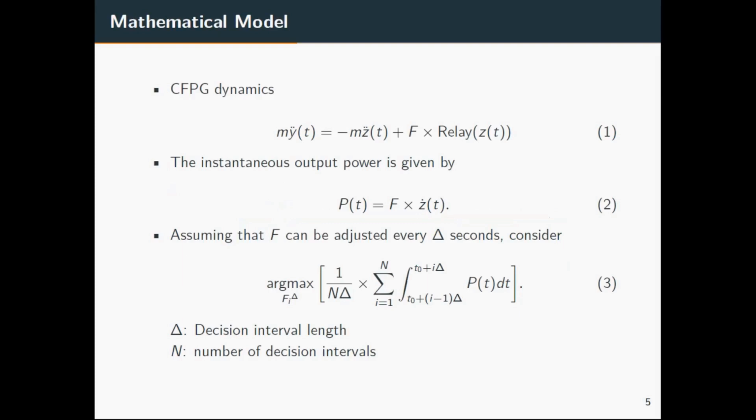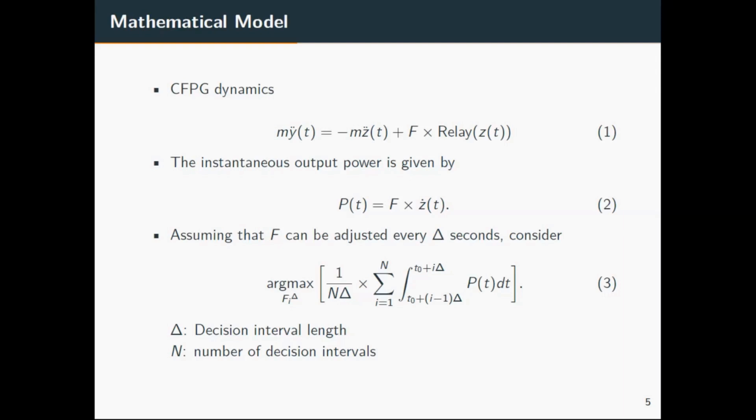I have just a couple of equations here, three of them. The first one relates the acceleration to the electrostatic force, and the relay function is going to be +1 or -1 depending on the sign of the motion z, going up or going down from the lower plate to the upper one, or the other way around.